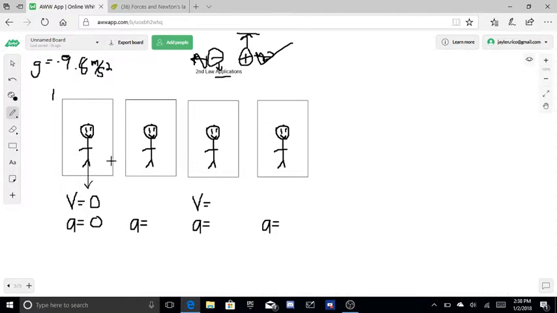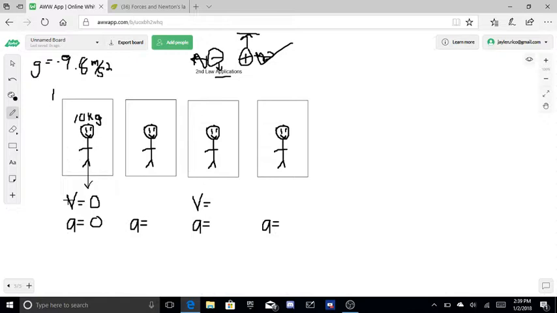Let's say this happy person has a mass of 10 kilograms. There we go, he has a mass of 10 kilograms.